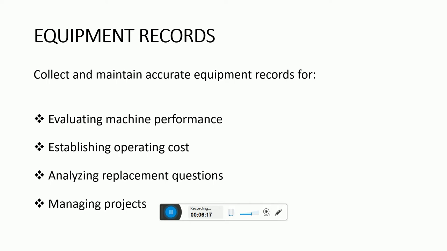The equipment record. Whenever a contractor buys, rents or leases a machine, the records should be maintained properly. These records should be collected and maintained so that they can evaluate the performance of a machine, how the machine is performing, establish the operating cost, and analyze the replacement questions.